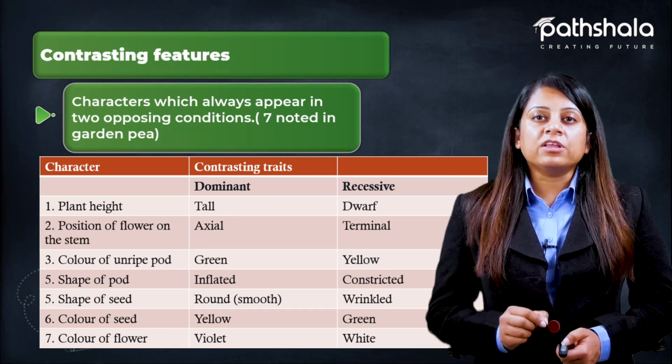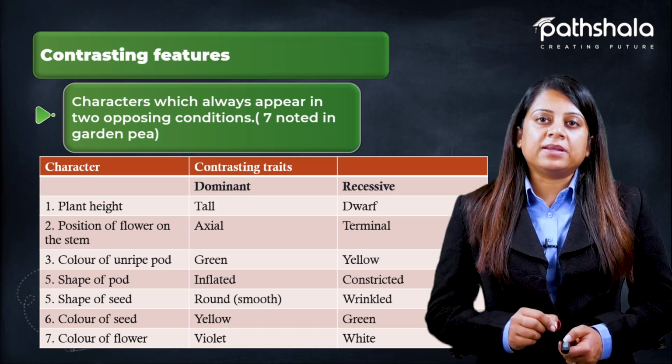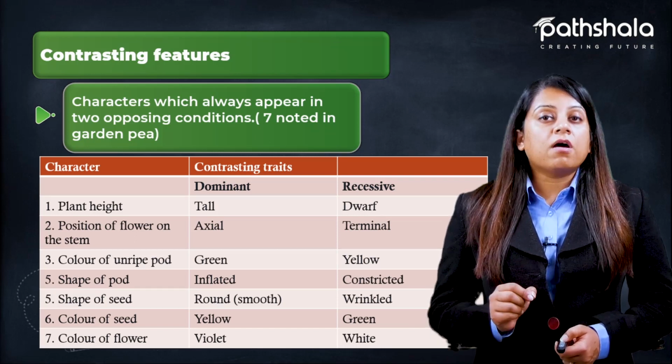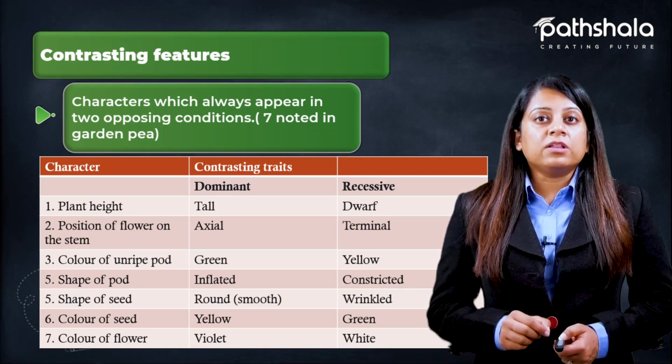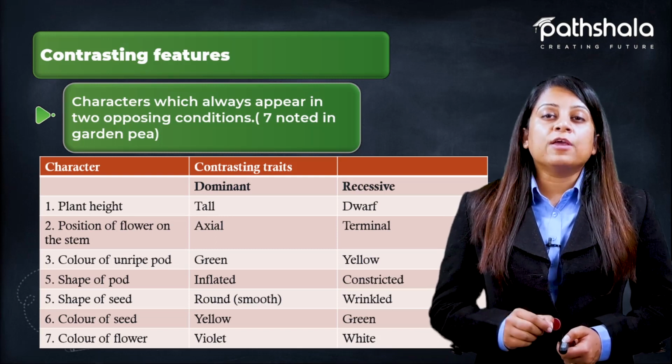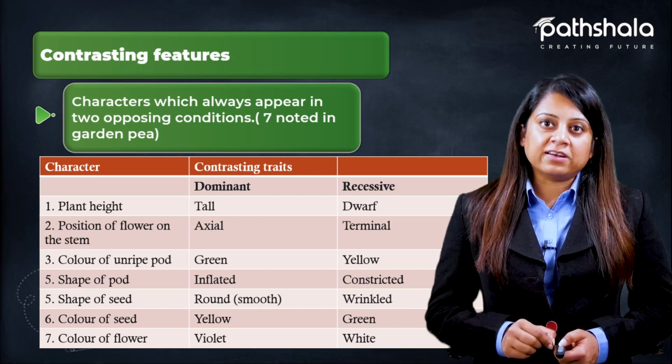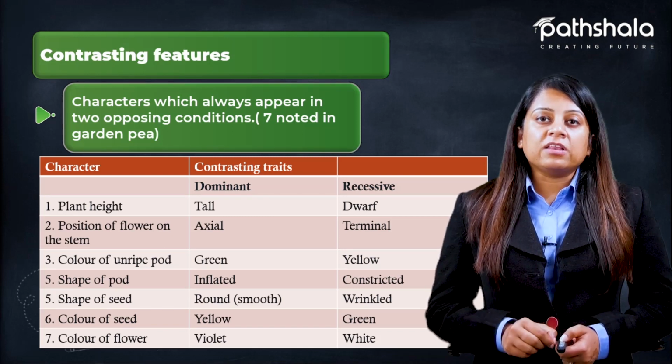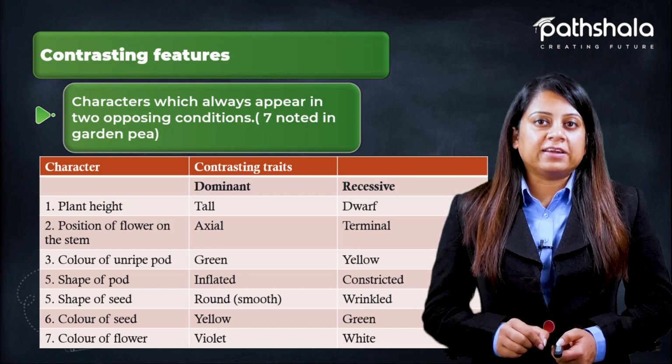The dominant gene is always represented by a capital letter, whereas a recessive gene is a gene which can give the appearance to the organism but only if the identical gene is present. This recessive gene is represented by a small letter.